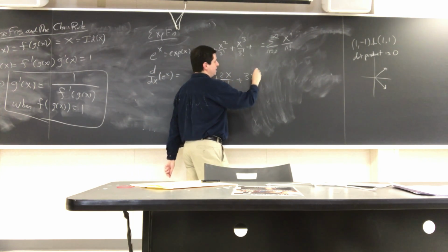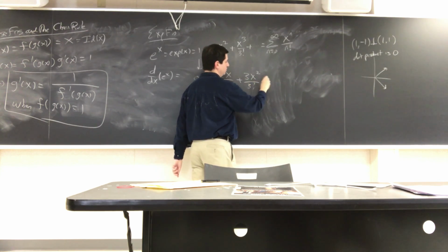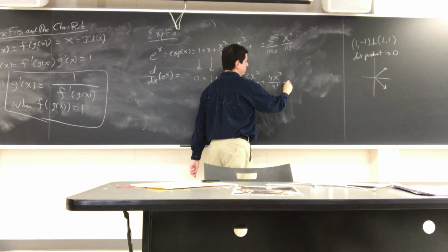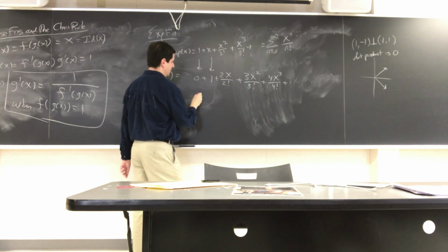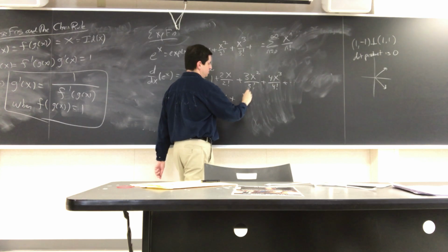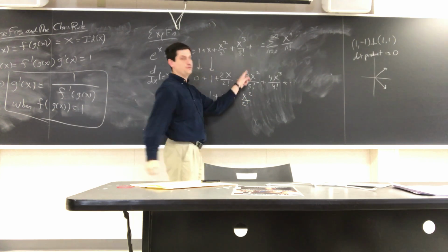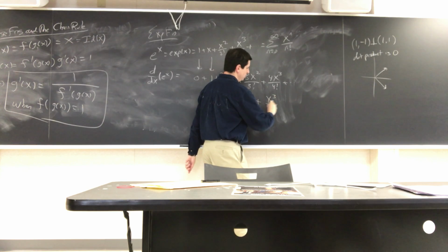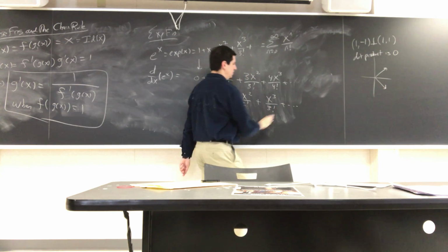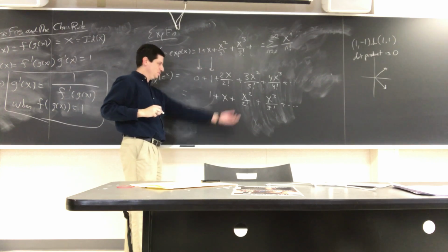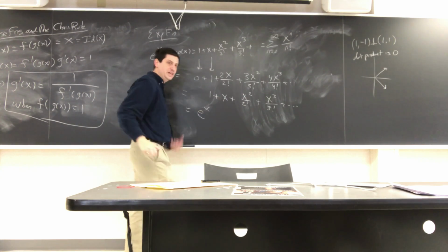We'll have 3x squared over 3 factorial plus 4x cubed over 4 factorial. And that's going to be 1 plus x plus x squared over 2 factorial, because the 3 cancels with the 3, plus x cubed over 3 factorial. And this is just what? e to the x.